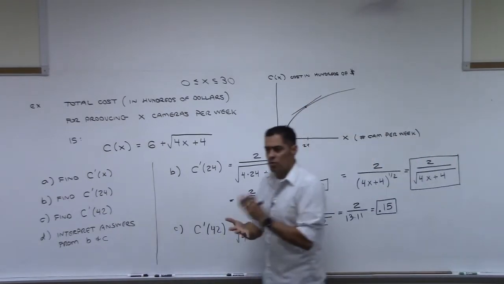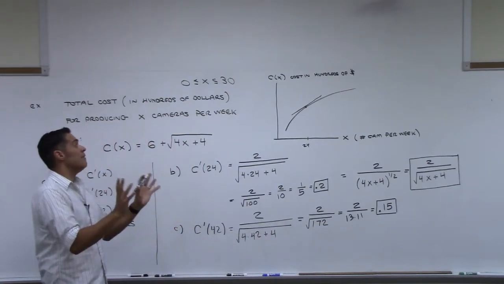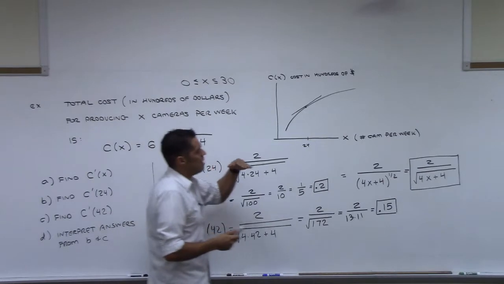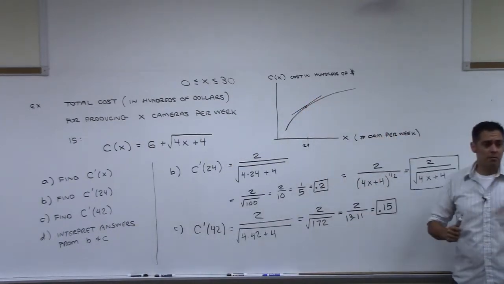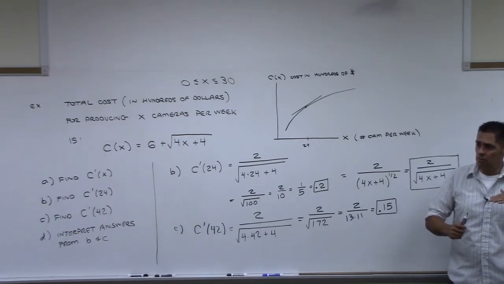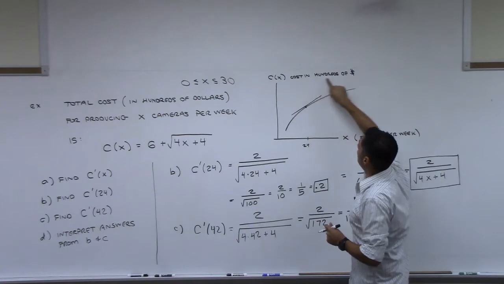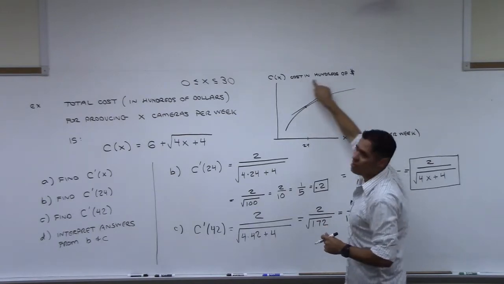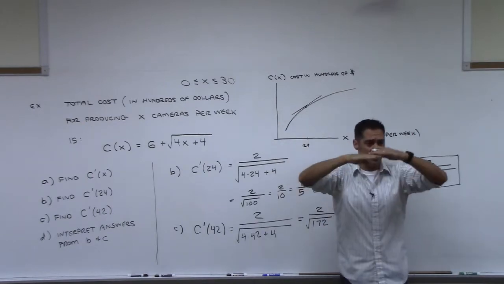Part D is saying to interpret this result. So all you have to do is remember that the slope of something is always rise over run, right? Now, our rise is our cost in hundreds of dollars, so our up and down is hundreds of dollars.